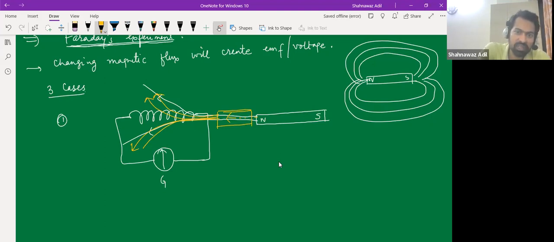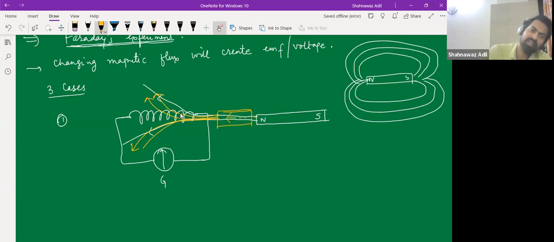So flux is changing. Similarly, what you do is that you move this bar magnet away from this coil, right? So what will happen? Will the flux decrease or increase? Decrease. So you see that in both cases, flux is changing through this coil, right?